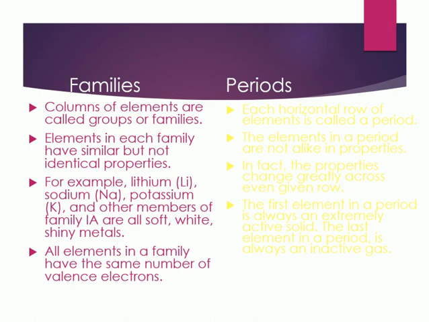The first element in a period is always an extremely reactive solid. The last element in a period is always an inactive gas, because we'll always start on the left, at the beginning of the period, with an alkali metal, which is the most reactive group of metals. And then we'll end on the far right with the noble gases, which are very non-reactive gases.